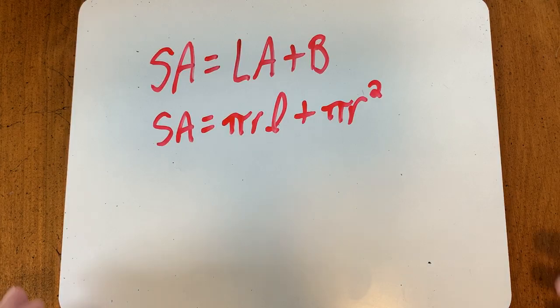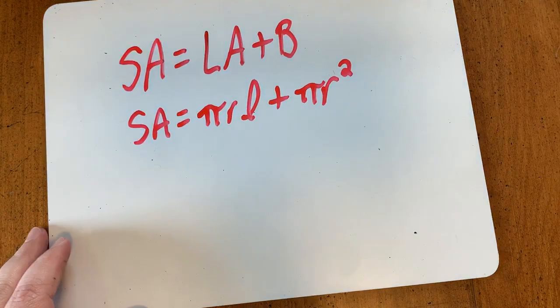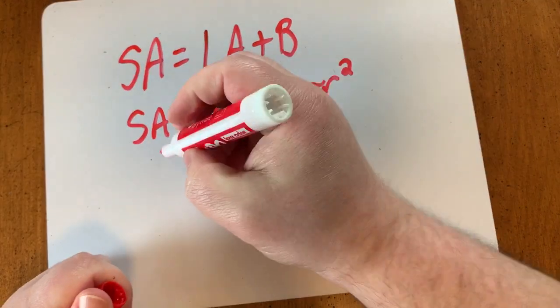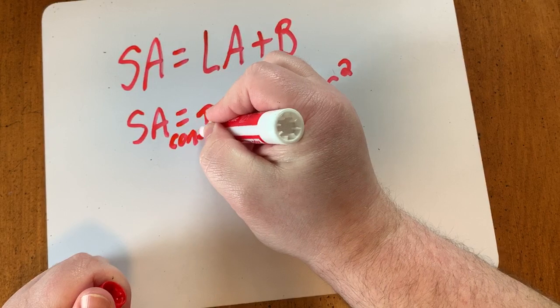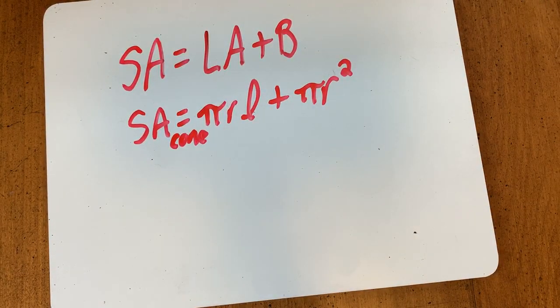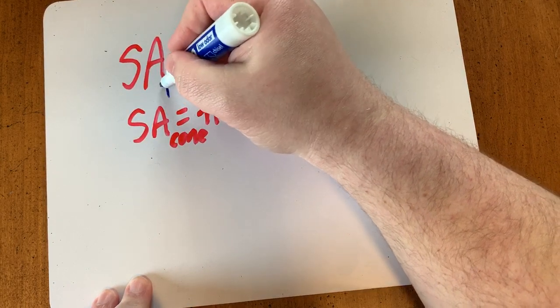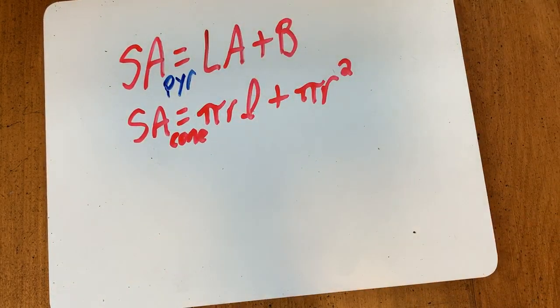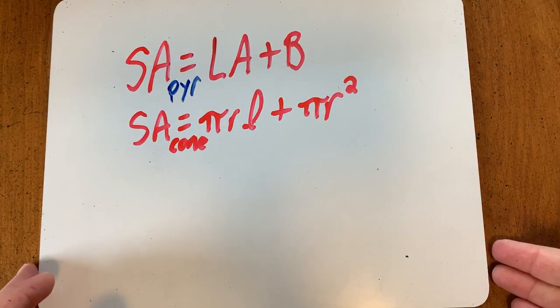So that's the surface area of a cone. It was essentially the same as the surface area of a pyramid. And that's how we're going to get the volume formula of a cone as well, from the volume formula of a pyramid.